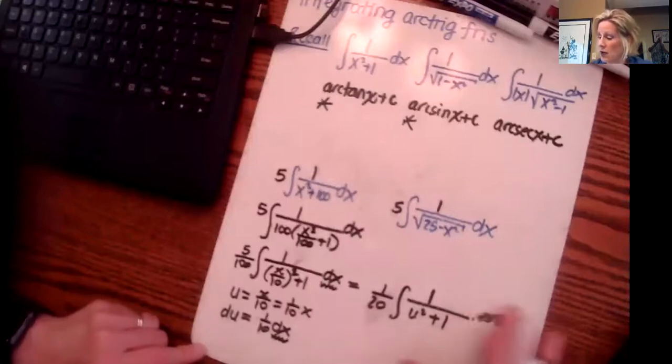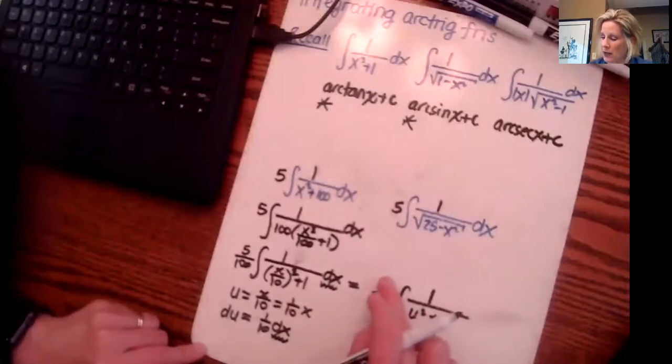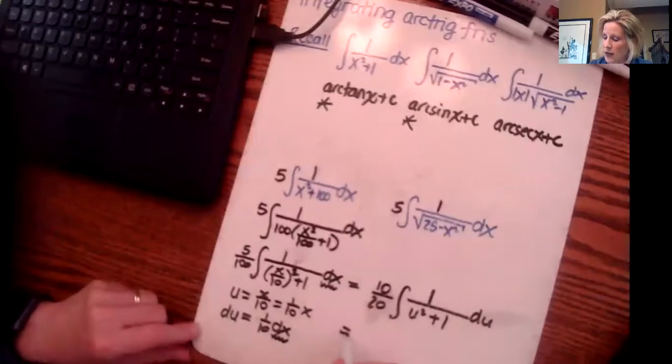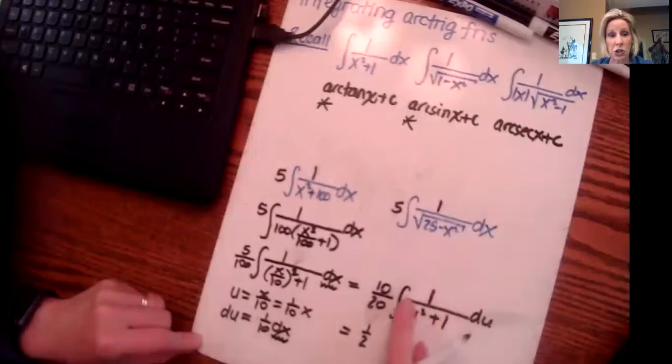Now, as you know, what would be more common for me is to say 10 du. That's the way I would normally handle it. So now I can see that this fraction is just 1/2. This is arctangent u.